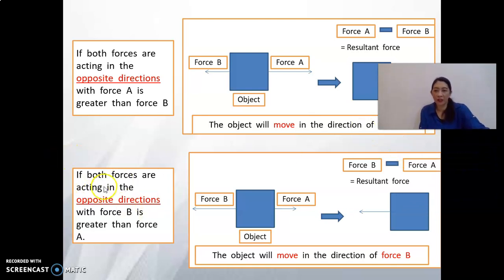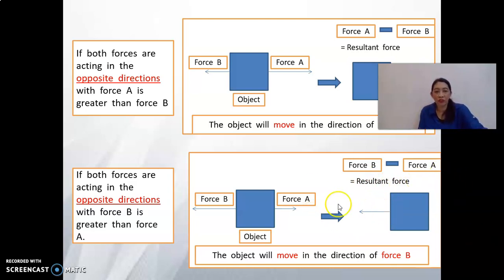Next, if both forces are acting in opposite directions, force B is greater than force A. So the answer is force B minus force A equals the resultant force.